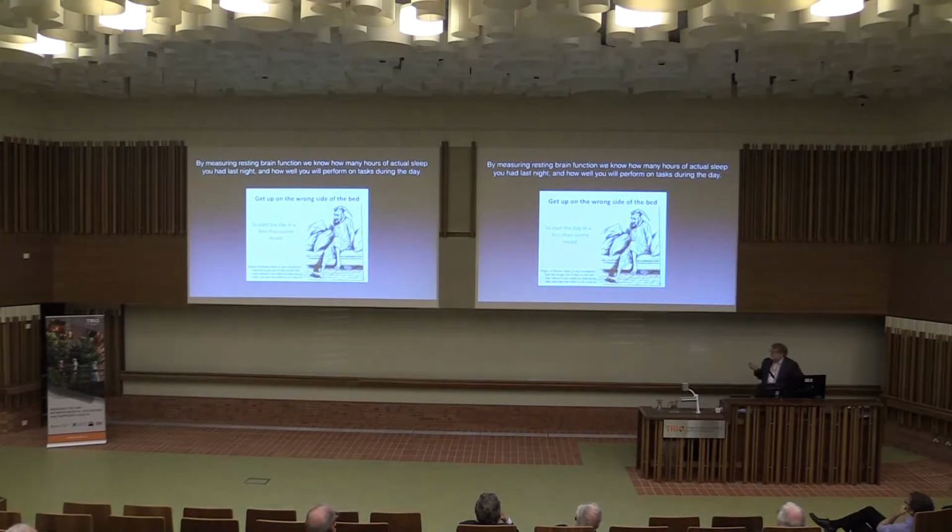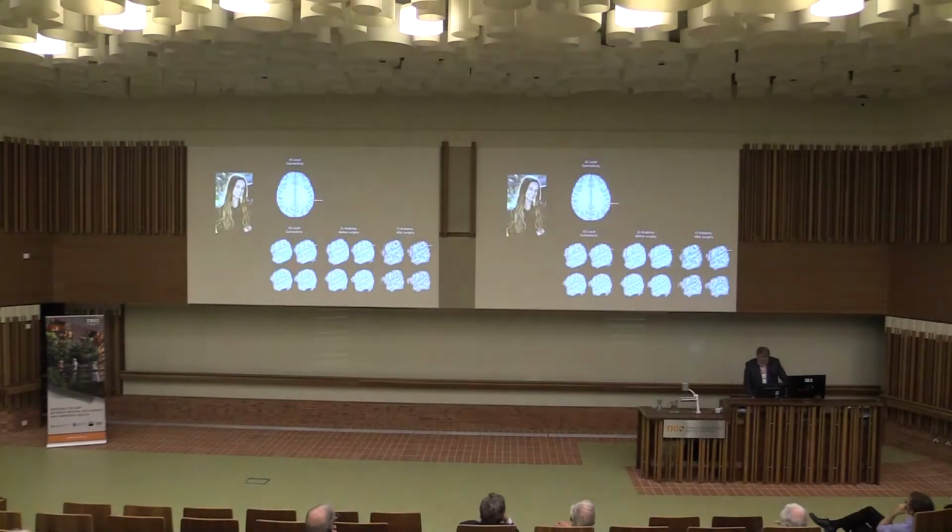Exactly when you get up on the wrong side of the bed, you have a different switching rate, you perform less well, and it's been known since a long time ago. So we now have a very sensitive measure of brain performance in normals, and we're yet to explore it in epilepsy. However, what we have explored is other measures of connectivity.